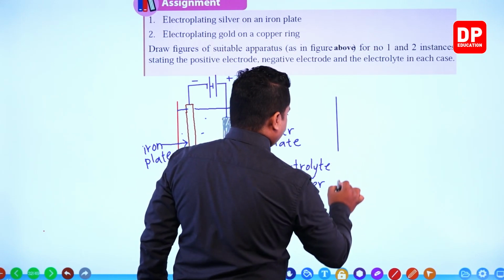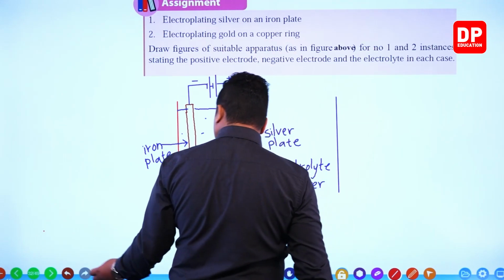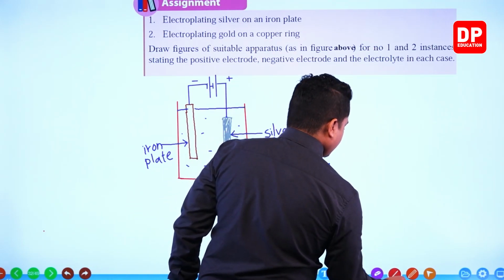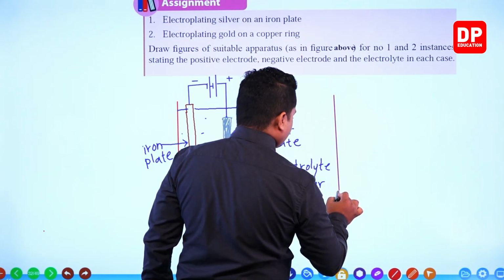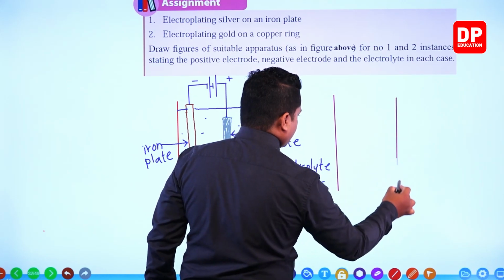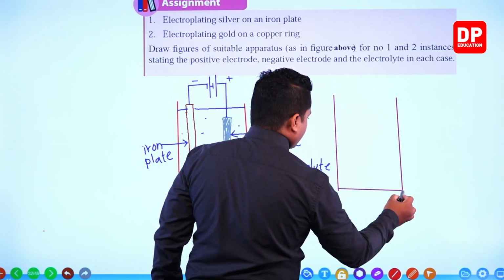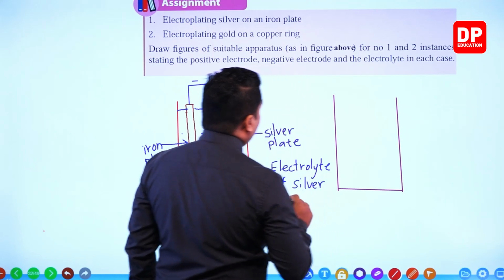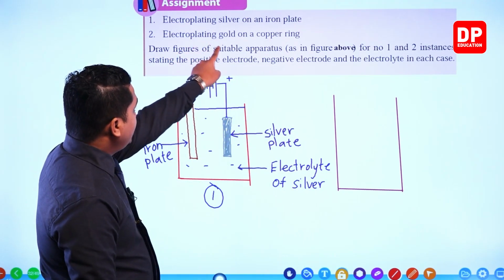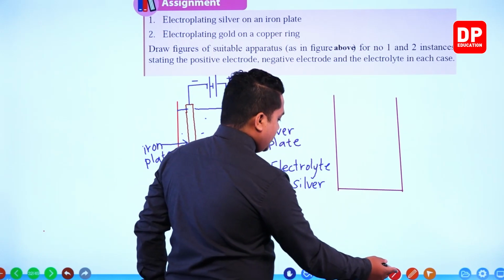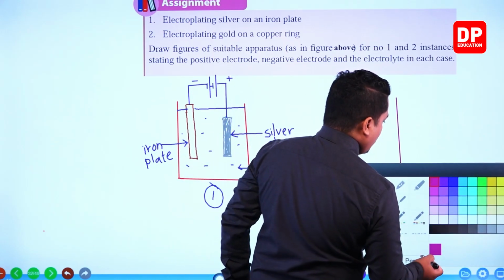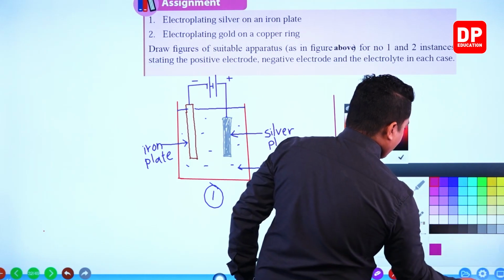Number 2. In number 2, electroplating gold on a copper ring. On a copper ring, you have to electroplate gold.